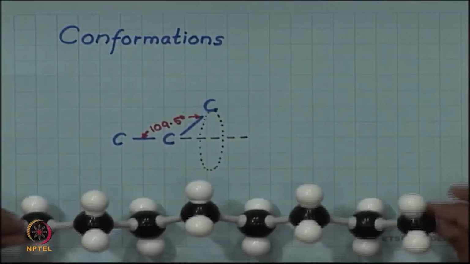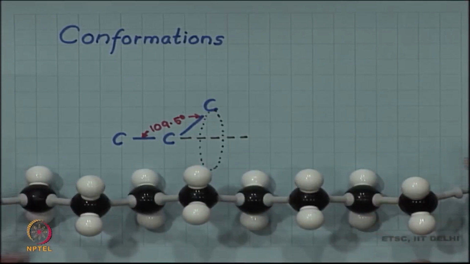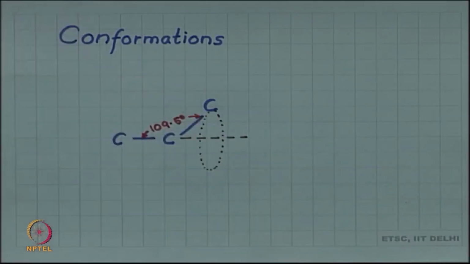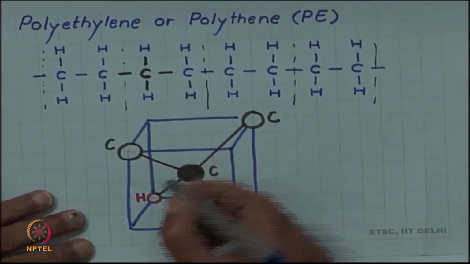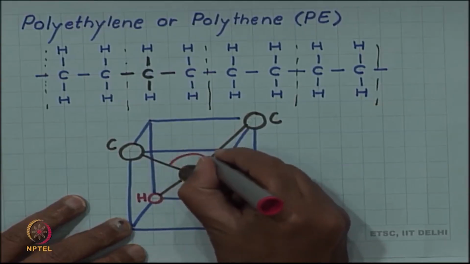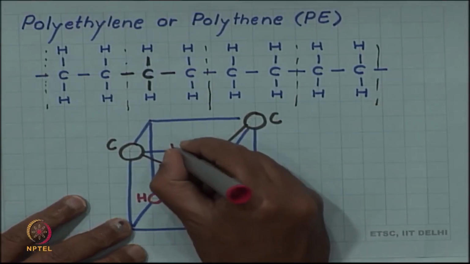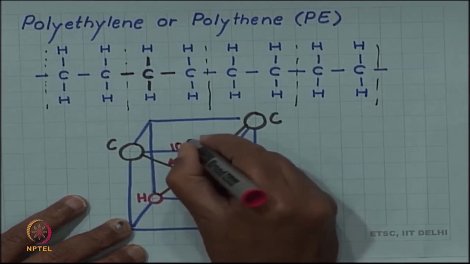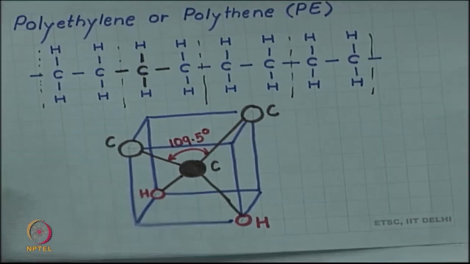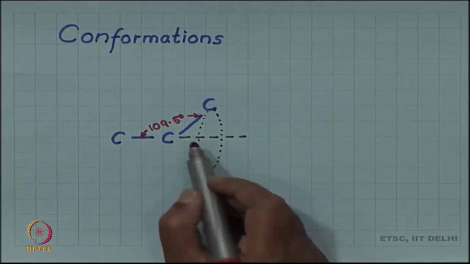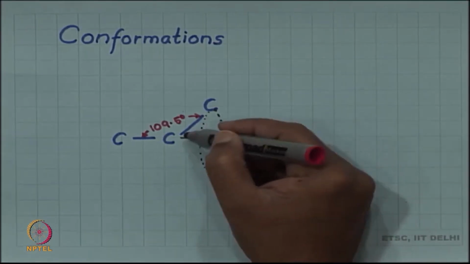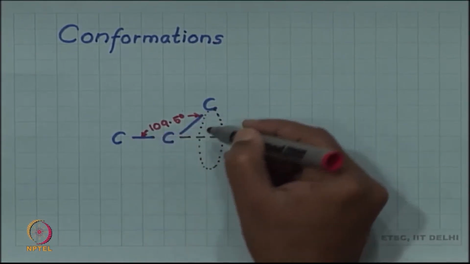But a polymer like this has a degree of freedom of rotation about every bond, keeping that angle. This angle will be the tetrahedral angle of 109.5 degrees. That is the angle between the body diagonals of a cube. So, keeping this carbon-carbon bond angle as 109.5, it is possible to rotate any given bond about the other bond.